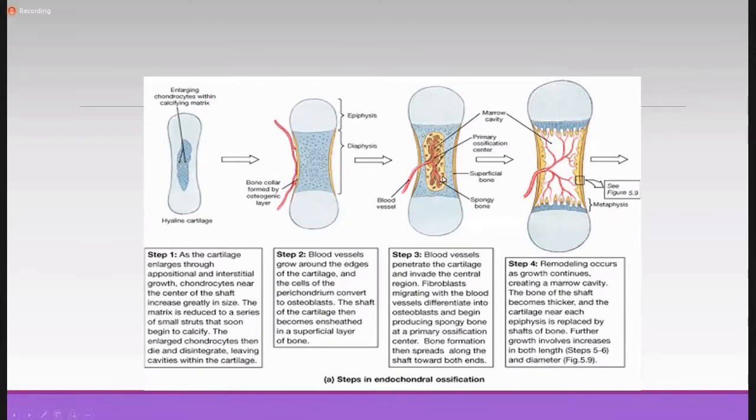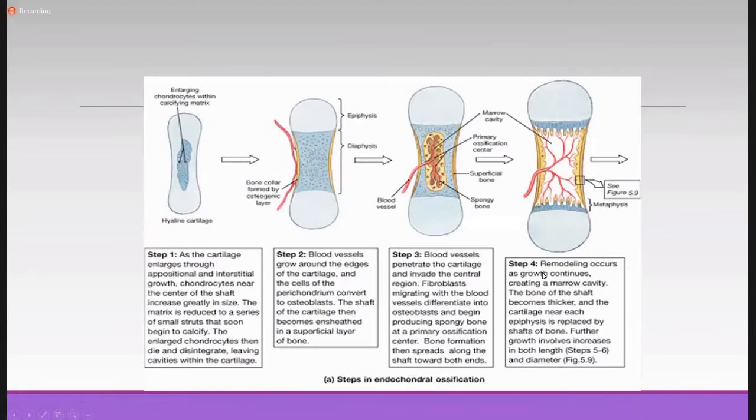So this is where you have the activity of the osteoblasts brought about by the fibroblasts, which had entered along with the blood vessels, and begin producing spongy bone at the primary ossification center. So towards the shaft of the bone you have the primary ossification center, and towards the periphery, at the epiphysis, we have the secondary ossification centers. The bone formation then spreads along the shaft towards both ends.